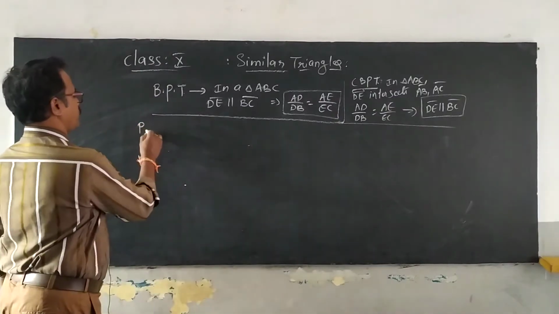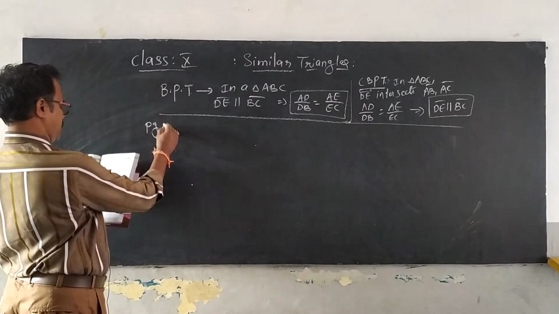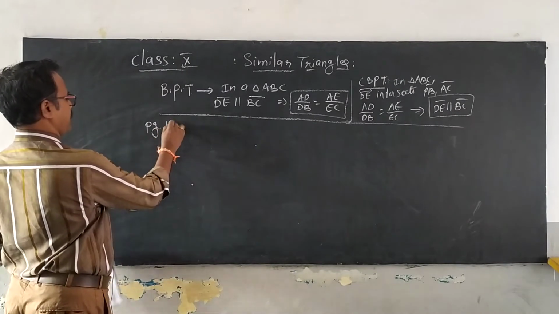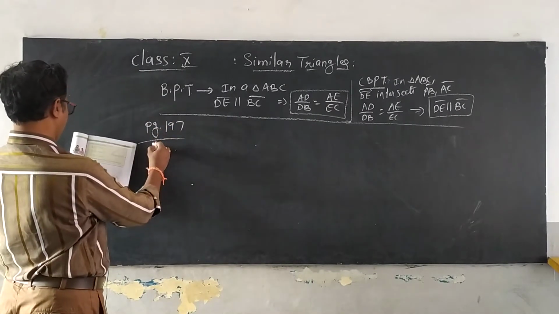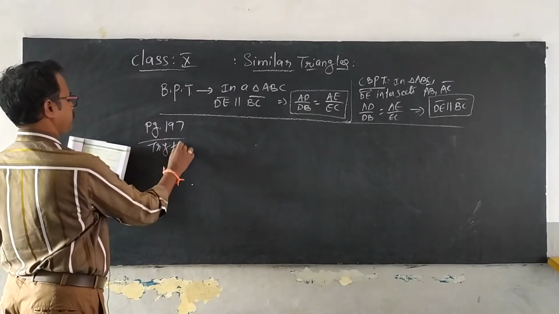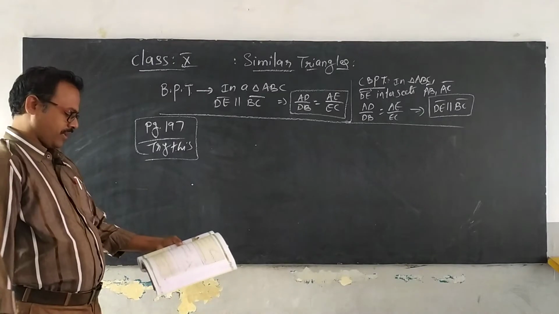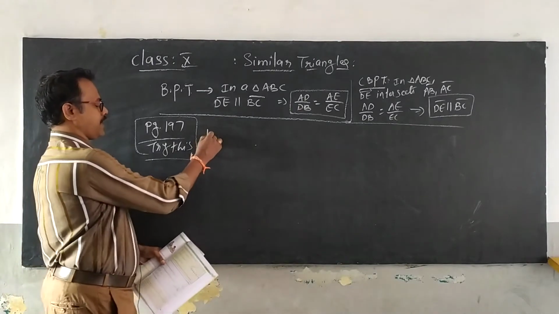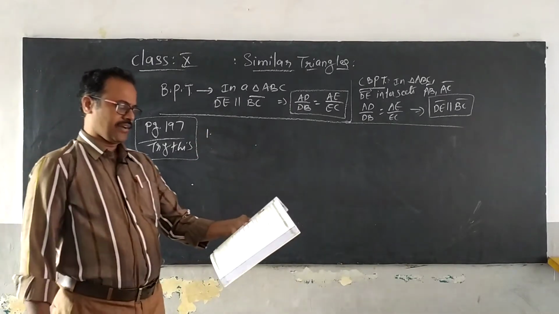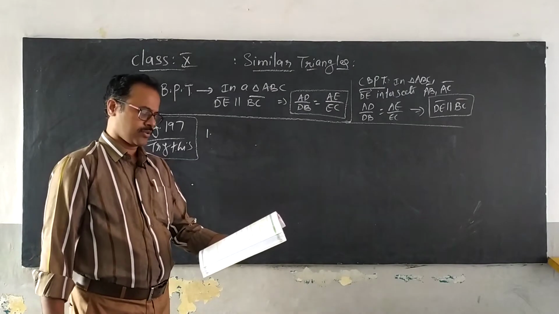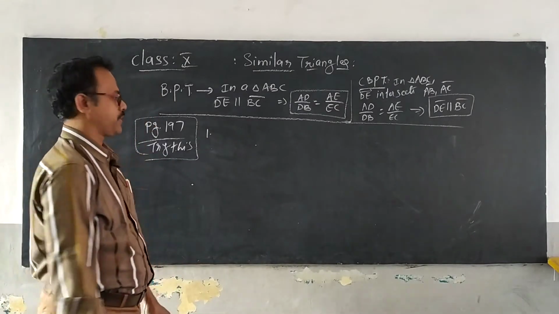Now we are going to do some sums. Page number 197, there we have a Try This. The first question in that one: E and F are points on the sides PQ and PR respectively of triangle PQR.